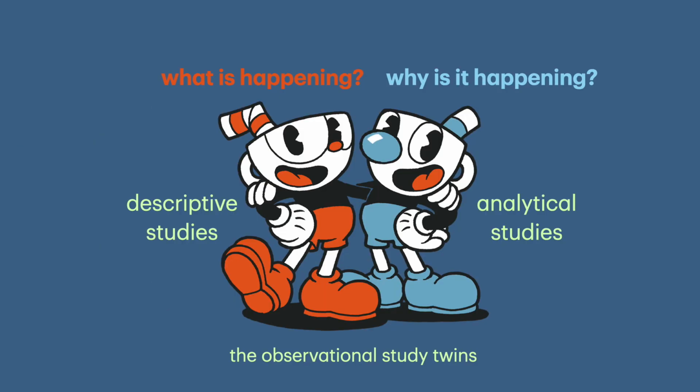The two main questions these two types answer: descriptive studies answer what is happening, whilst analytical studies explain why it is happening, usually through p-values and analytics and biostats, a lot of the stuff that we covered previously.